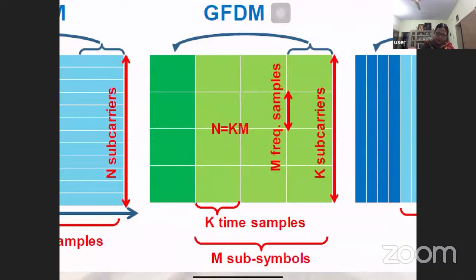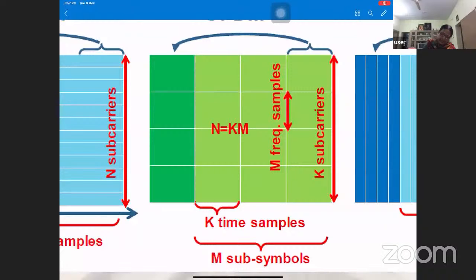Because if you look at this one, N equals K into M, with K number of subcarriers and some number of frequency samples. So only one block consists of M frequency samples. There are K number of subcarriers, and horizontally there are K time samples.